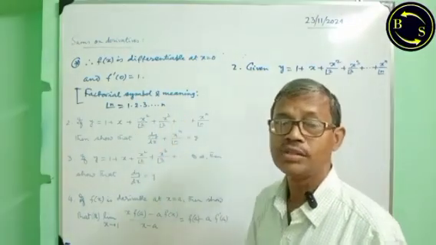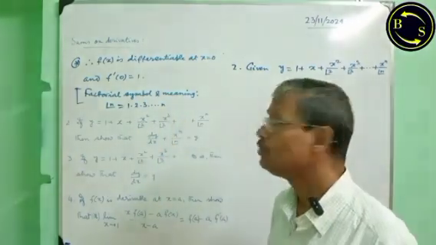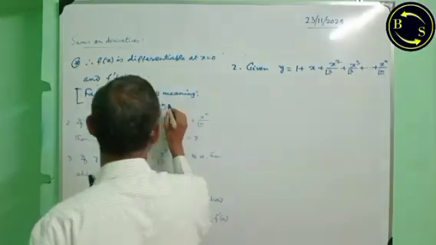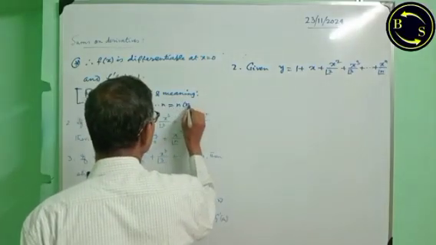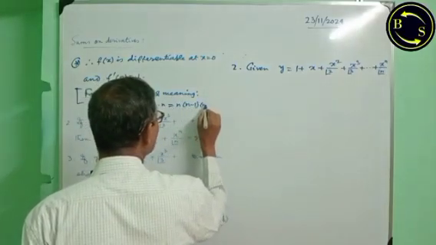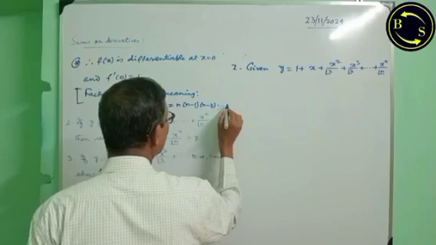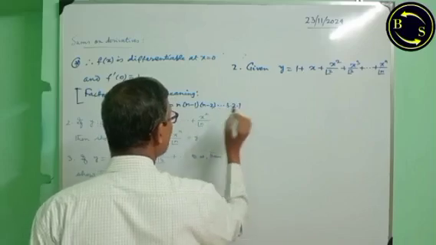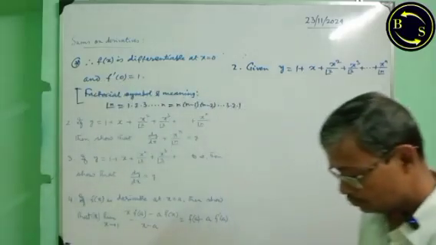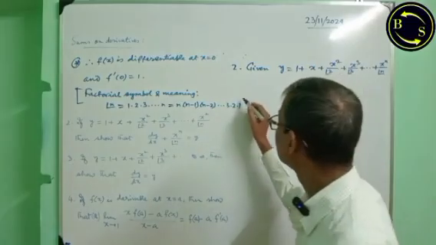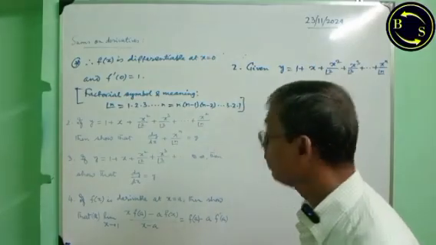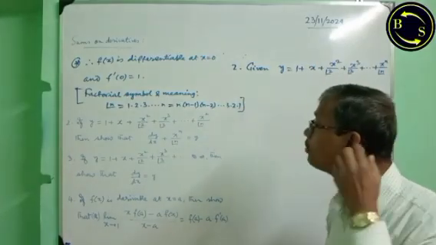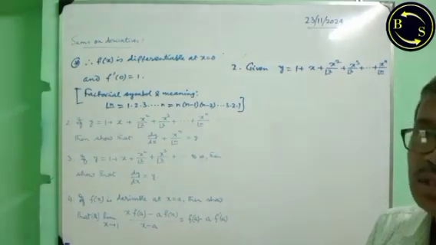Also we can write in reverse order, n into n minus 1 and so on. This is the meaning. From this it is clear that factorial of a negative number or fraction is not possible.